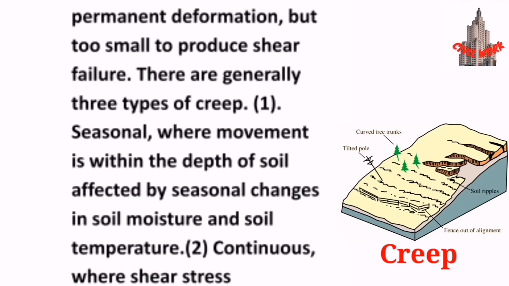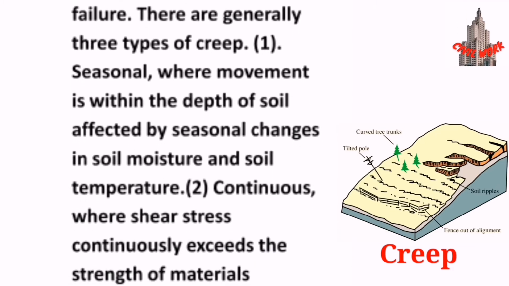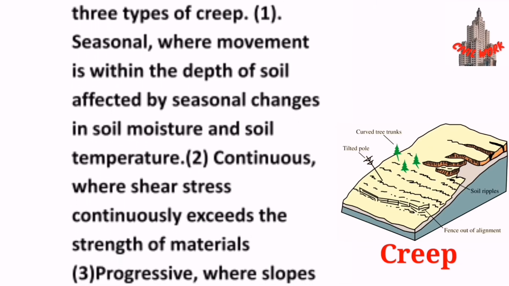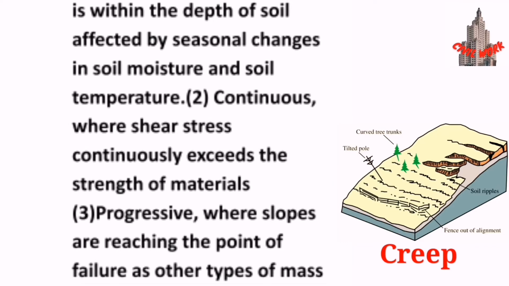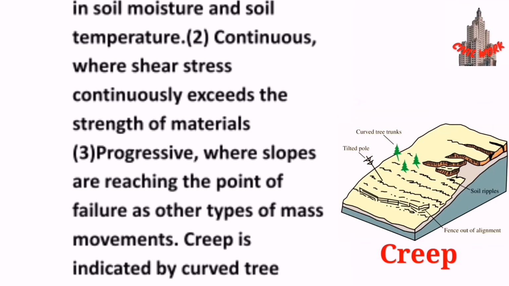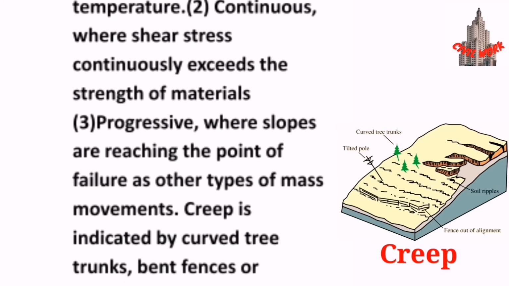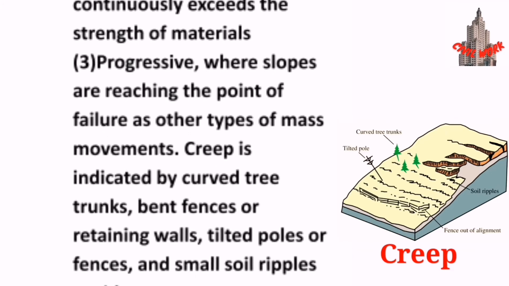Seasonal, where movement is within the depth of soil affected by seasonal changes in soil moisture and soil temperature. 2. Continuous, where shear stress continuously exceeds the strength of materials. 3. Progressive, where slopes are reaching the point of failure as in other types of mass movements.